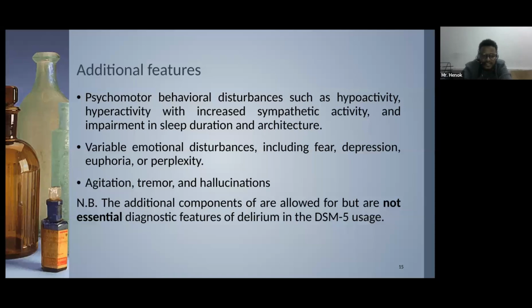There can be psychomotor disturbances like agitation, and there can be tremor or perceptual disturbances like hallucinations. These are additional features. They are not essential features, but they can add to the essential features for the diagnosis of delirium.